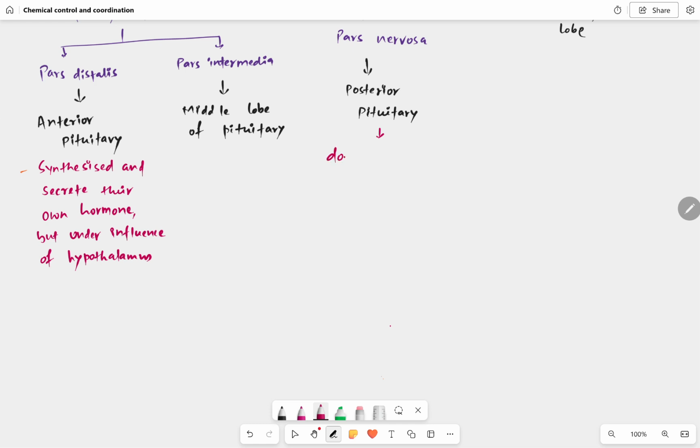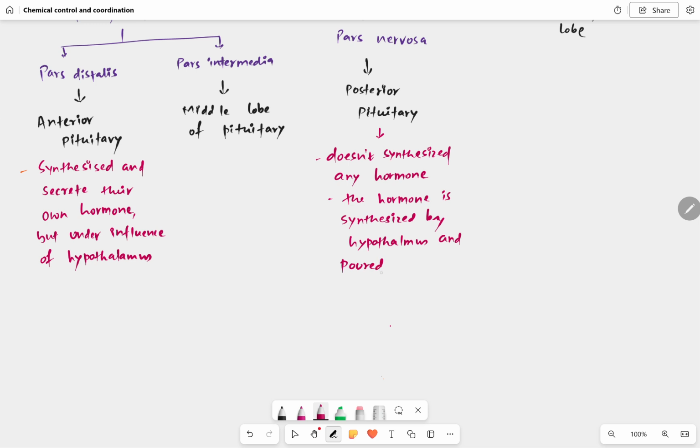But you will also be surprised to know that the posterior pituitary, although it is part of the pituitary, doesn't synthesize any hormone. Rather, the hormone is directly synthesized by the hypothalamus and poured directly into the posterior pituitary.